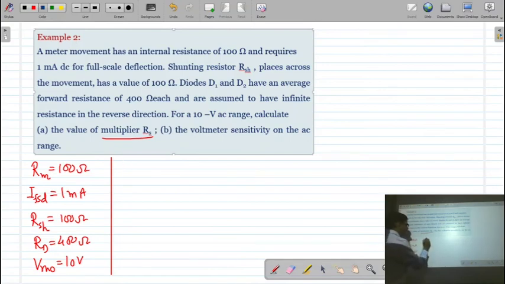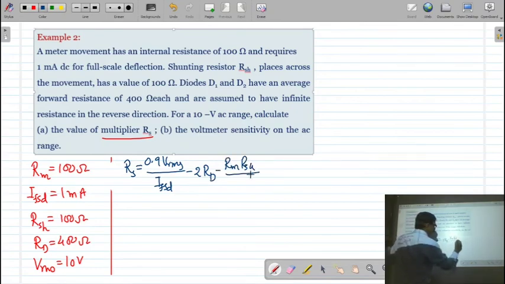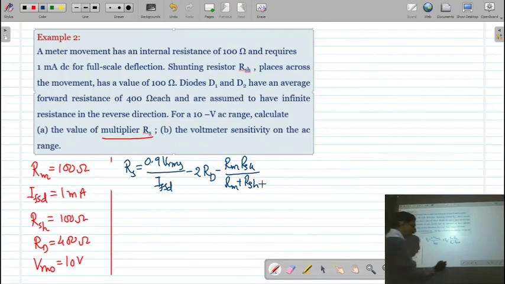Then for the full wave rectifier, Rs is given as 0.9 Vrms divided by IFSD minus 2RD minus Rm into RSH divided by Rm plus RSH. Remember, what kind of circuit is here? The circuit is like this.